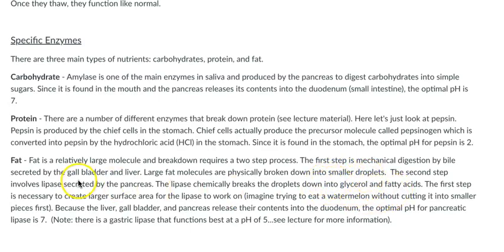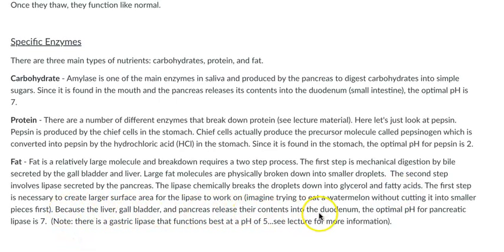The chemical breakdown takes that fat molecule and breaks it into glycerol and fatty acids. It actually changes what it is. Mechanical digestion is still a fat molecule, it's just a smaller piece of one. And here you see, because the liver, gallbladder, and pancreas release their contents into the duodenum, the optimal pH is going to be 7.